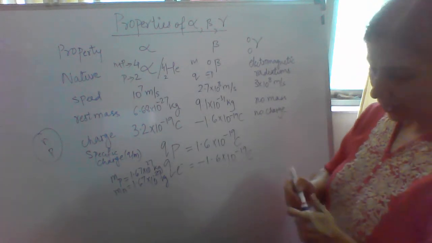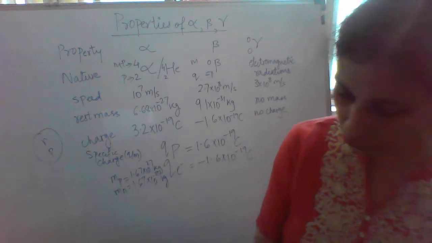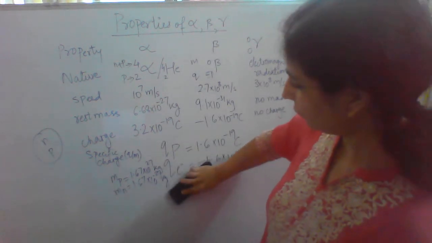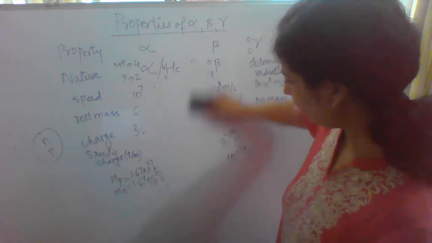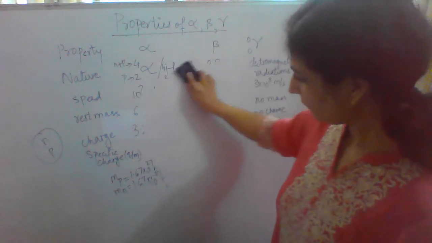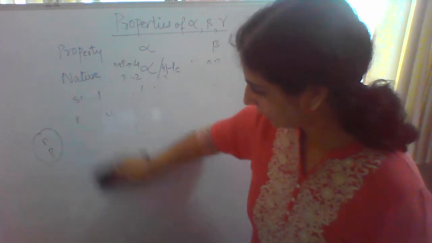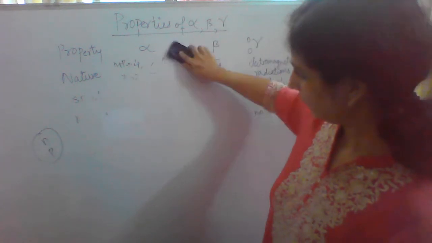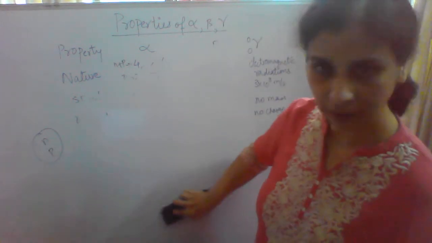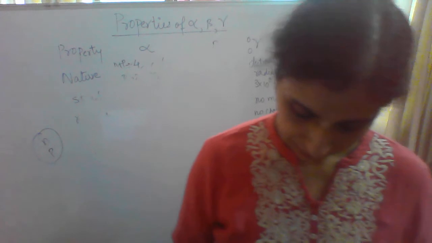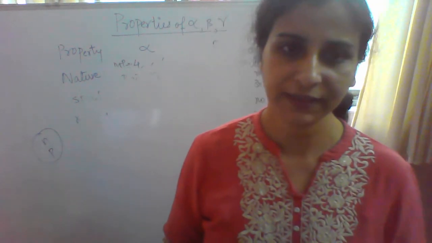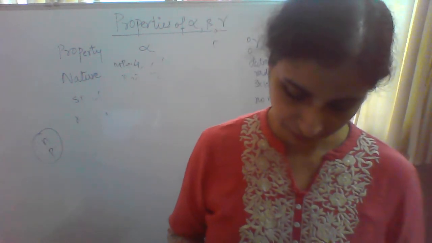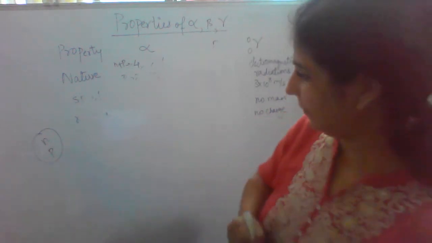Now, going to the specific properties: penetration, ionization, and whether alpha and beta are affected by electric or magnetic plates.